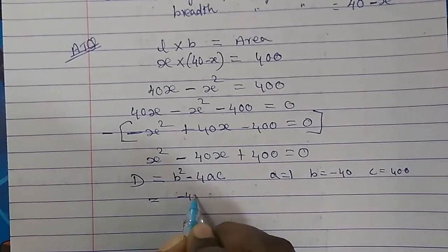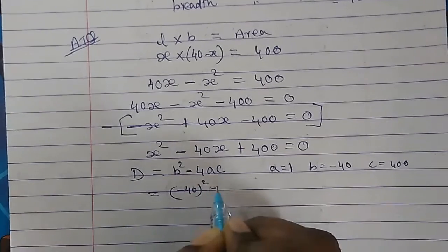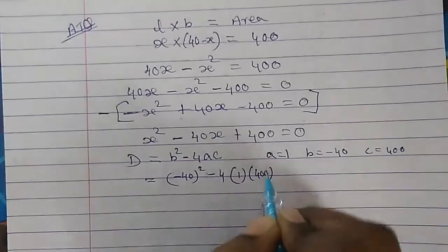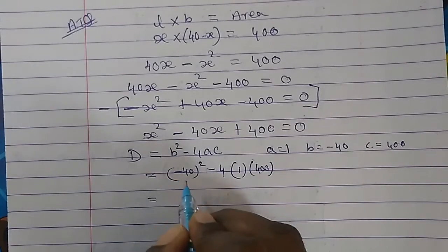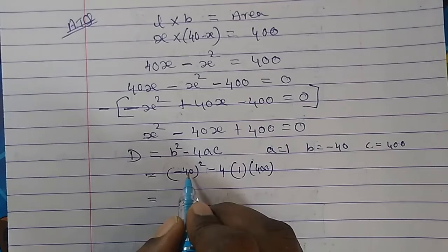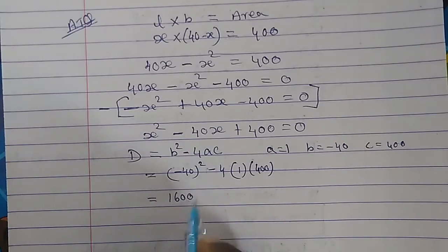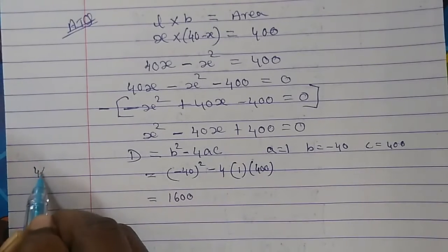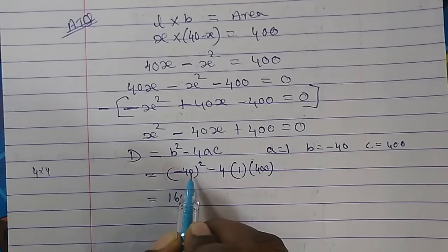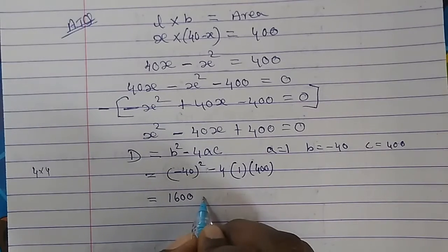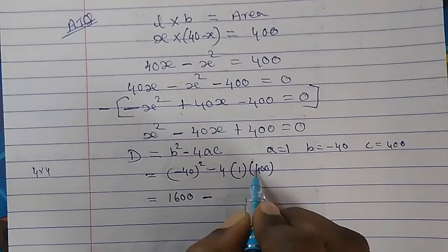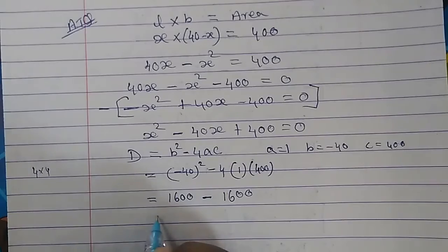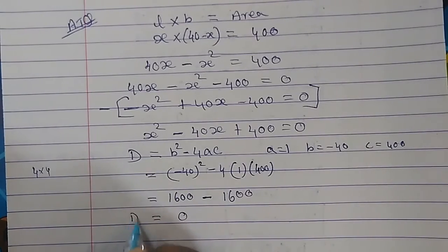D is minus 40 whole square minus 4 into 1 into 400. When you square it becomes plus, and 40 square will give us 1600. If you don't know, you can do 4 square first, 4 into 4, 16, then add the zero. Minus, same way, 4 4s are 16 and then 00. That means we will get 0.